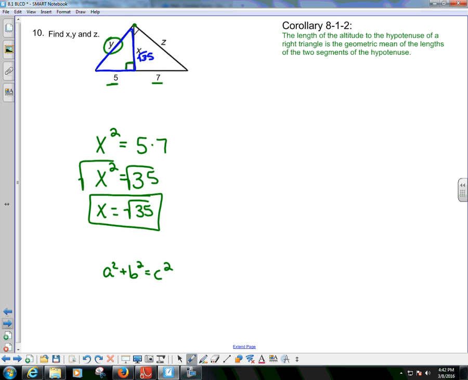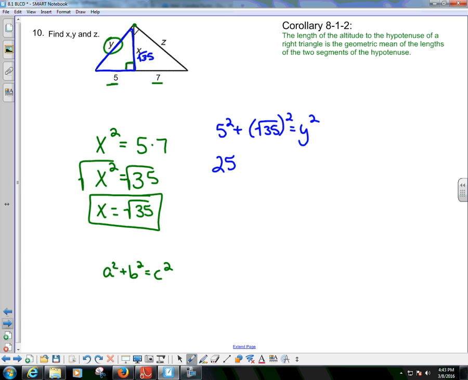I can. Y is going to be my hypotenuse. So 5 squared plus the square root of 35 squared equals y squared. All right. 5 times 5 is 25.